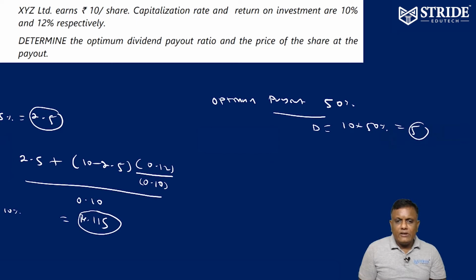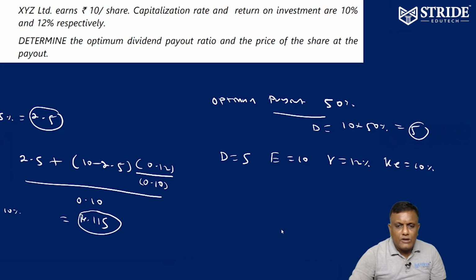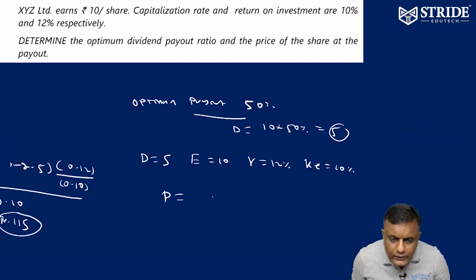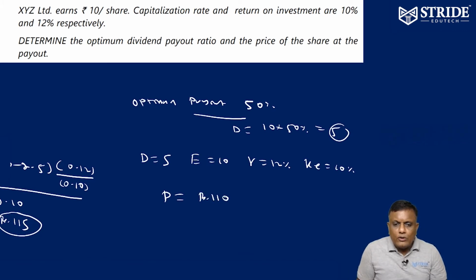Similarly, we can substitute in the Walter formula: D is 5, E is 10, R is 12%, KE is 10%. You will be getting P equal to rupees 110 for the 50% payout.